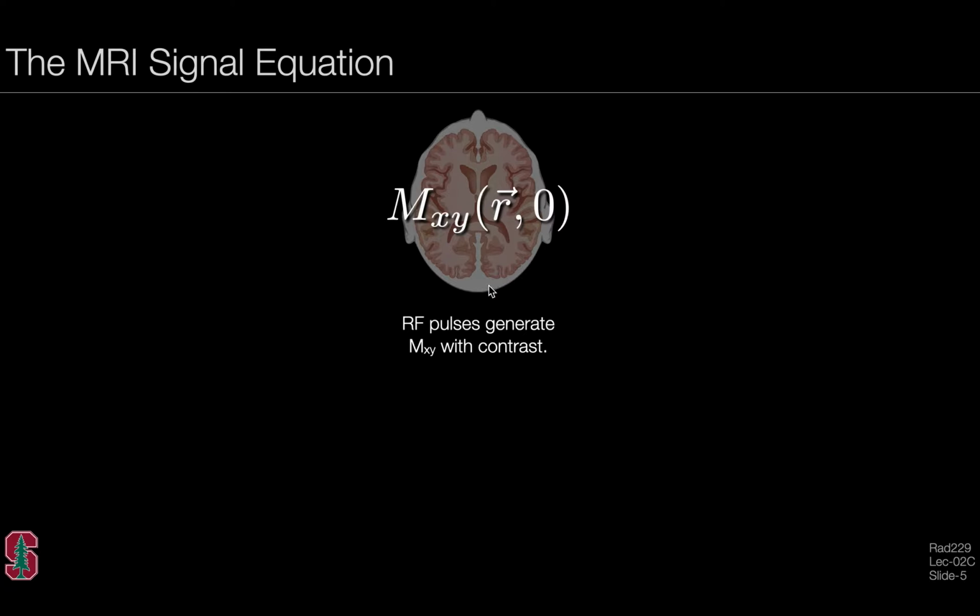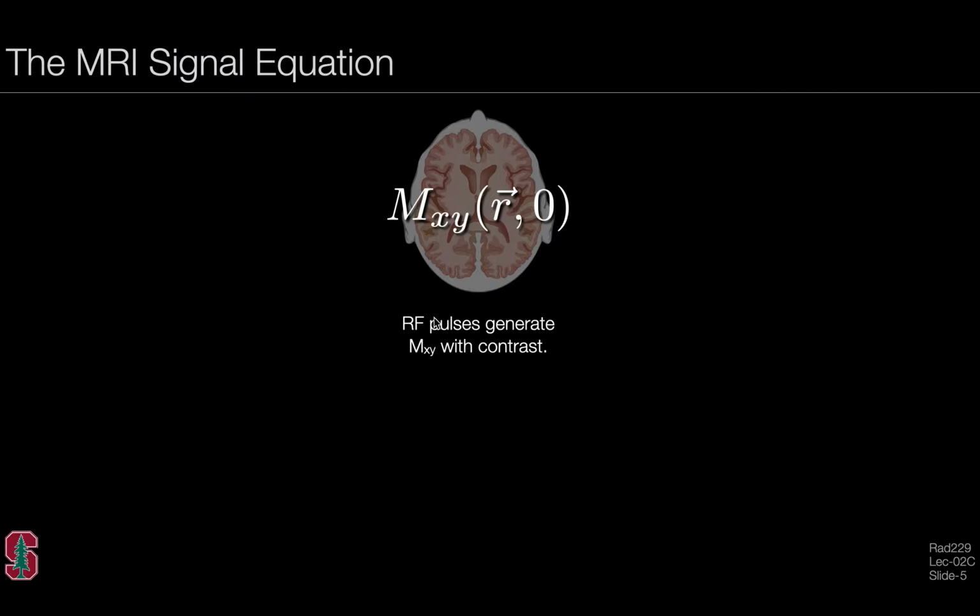So think about an underlying object, in this case a transverse picture of the head. And we use RF pulses to generate transverse magnetization with contrast. And this can be T1 weighted, T2 weighted, or other forms of image contrast, perfusion and diffusion as examples.